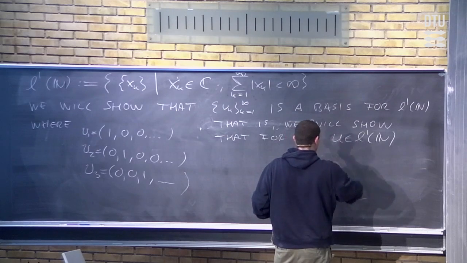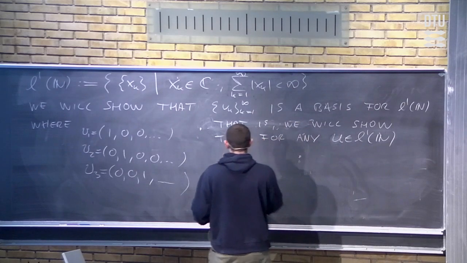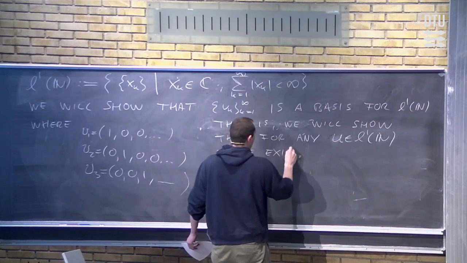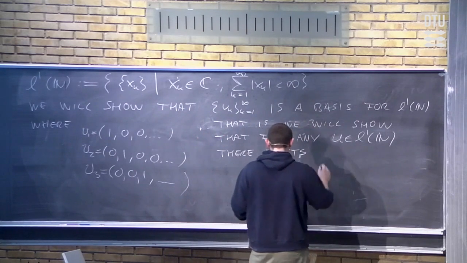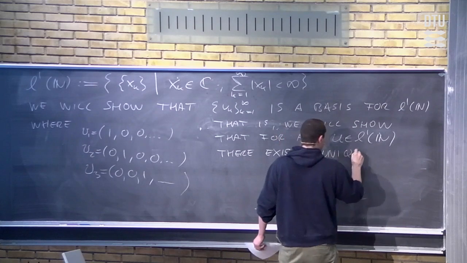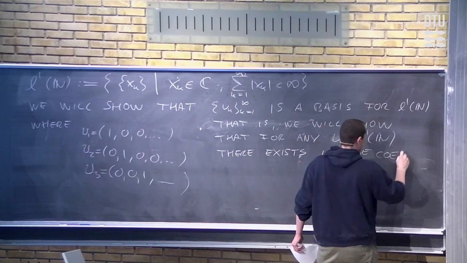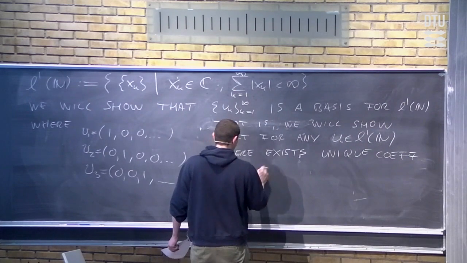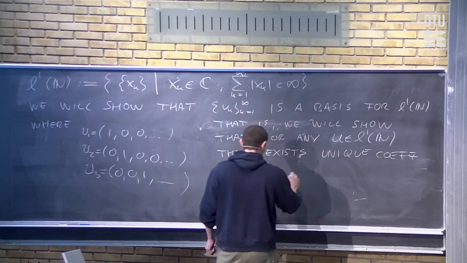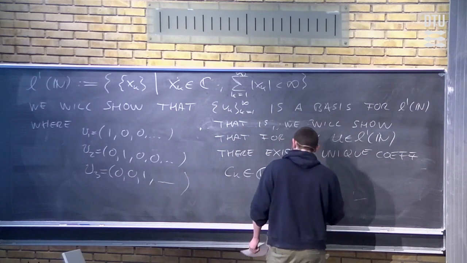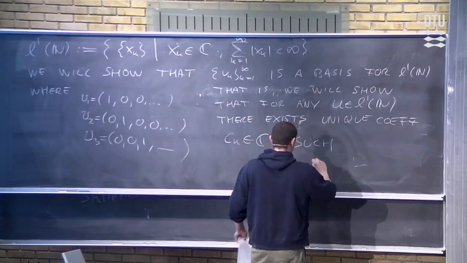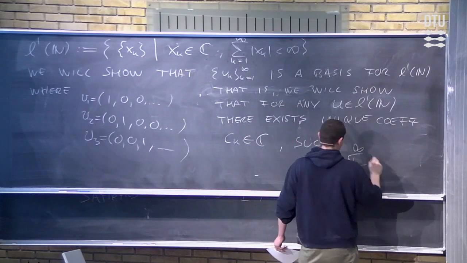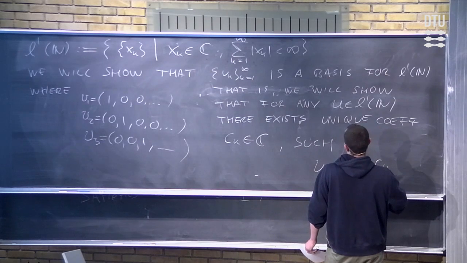Let's call it u. So there exist unique coefficients ck in the complex numbers such that, I'm just writing the definition of the basis actually, u equals the infinite sum from k equal to 1 to infinity over ck vk.